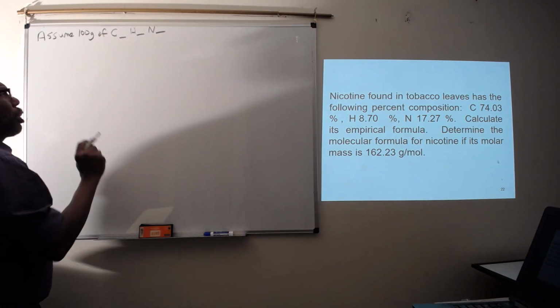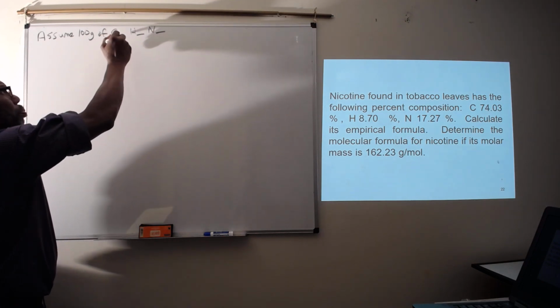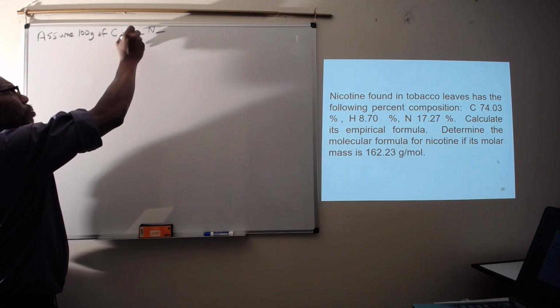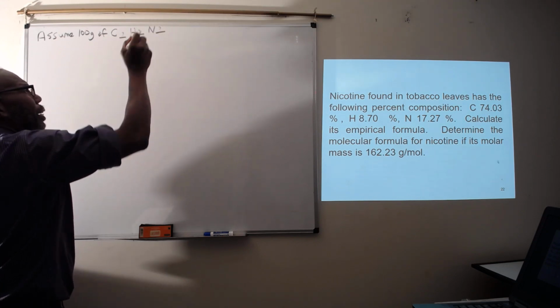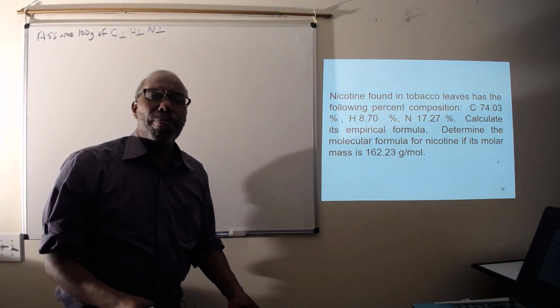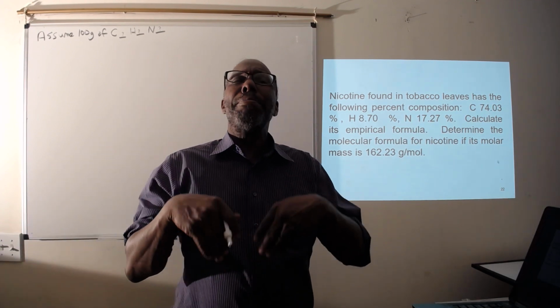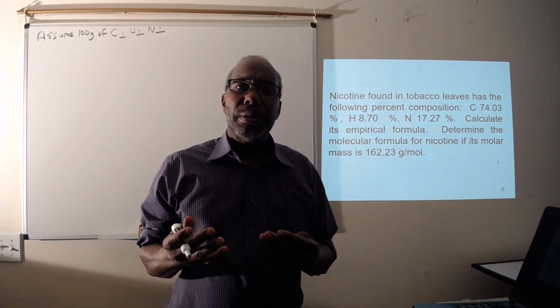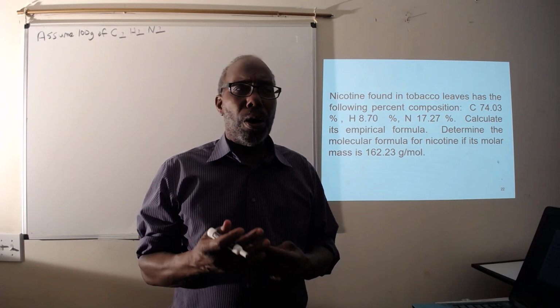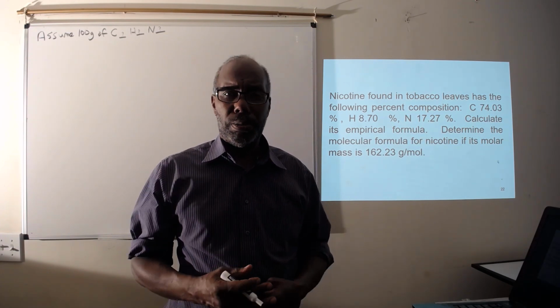We don't know what the subscripts are, so I'm just leaving those blank here, and I can put a question mark. This is what we're trying to determine: the empirical formula, which is the compound written in the simplest whole number ratio.